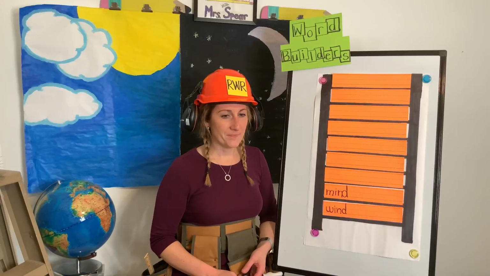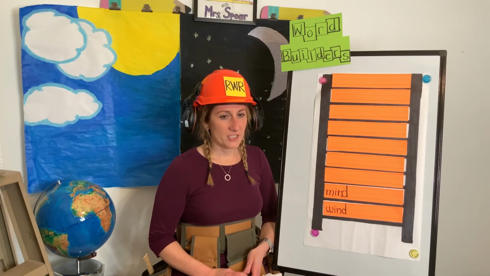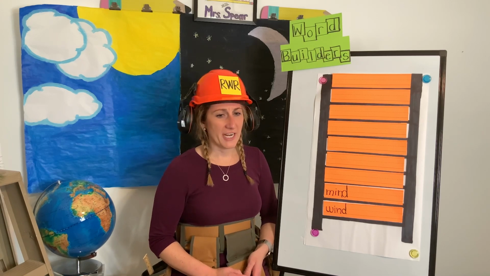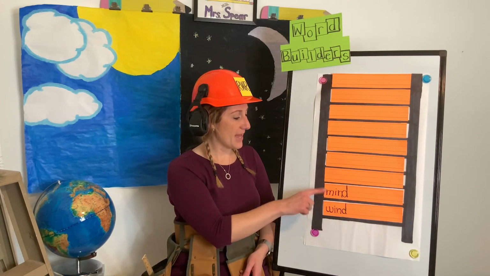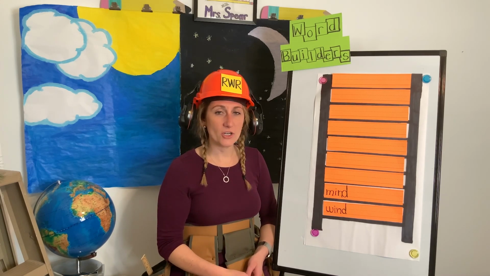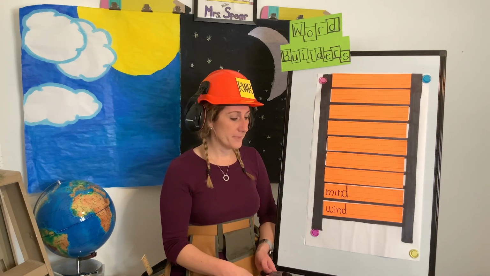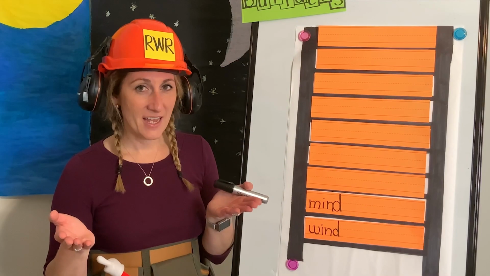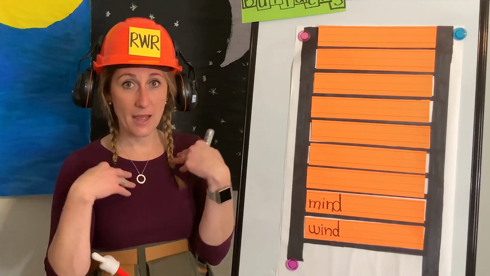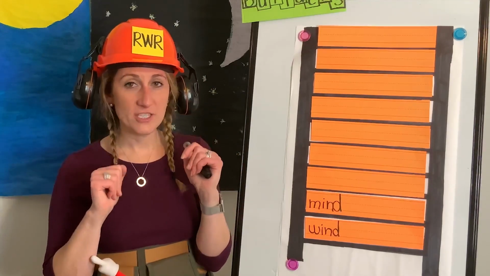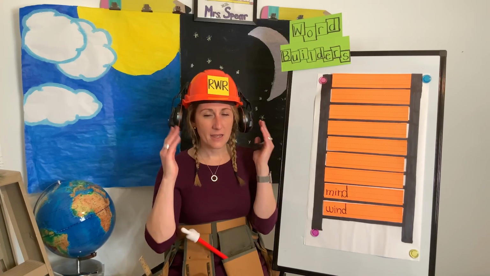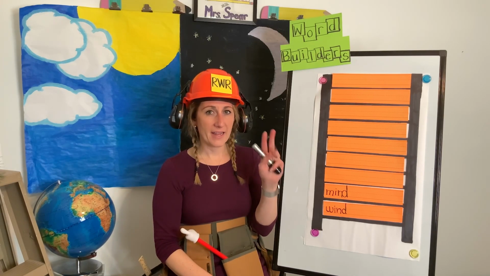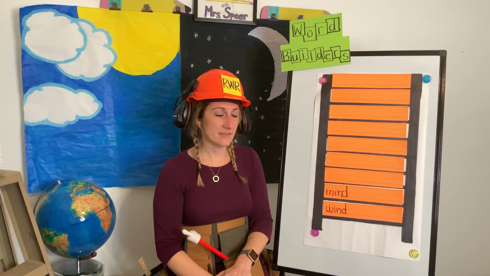Let's try another one. The next thing we're going to do is we are going to change one letter, just one letter, in mind to make it into the word mine. This hat is mine. Listen for the sounds and do them together. Ready? Mine. M, i, mine.